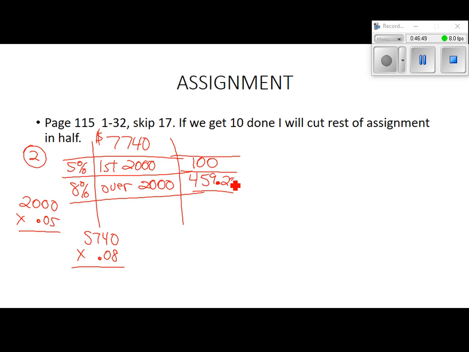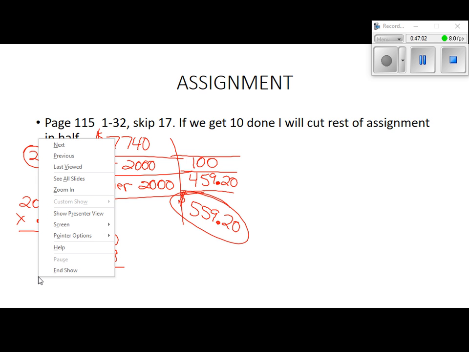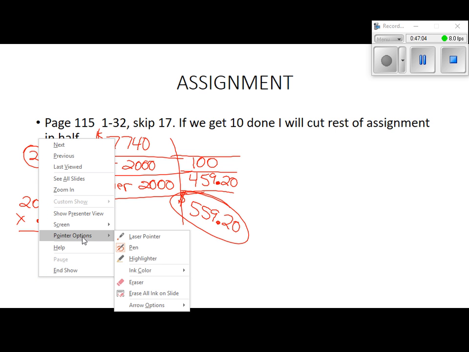Is that right? What do we do with those two? So how much commission did this person make? $559.20.